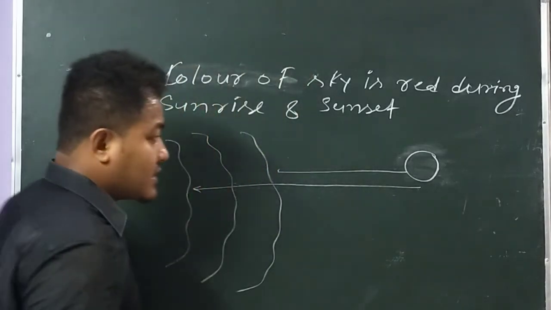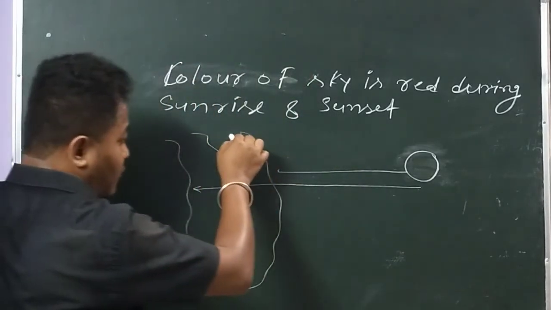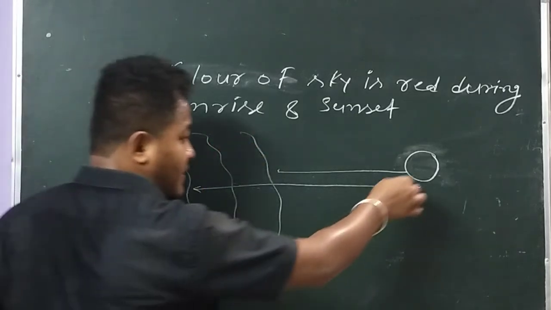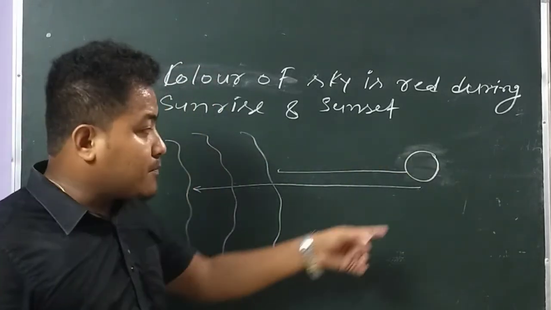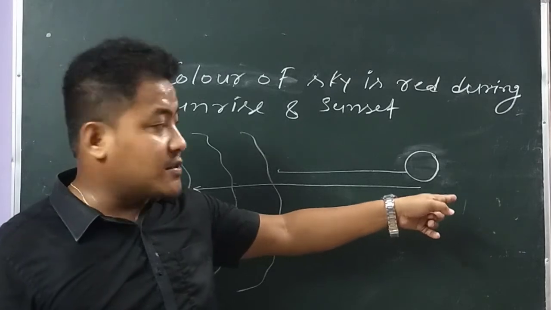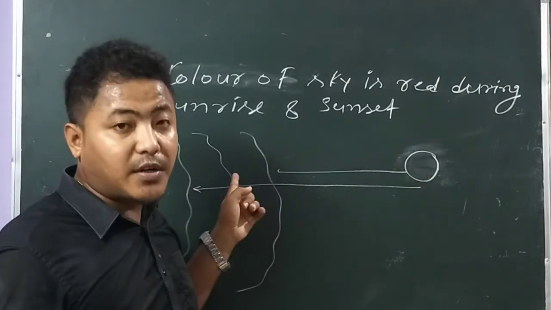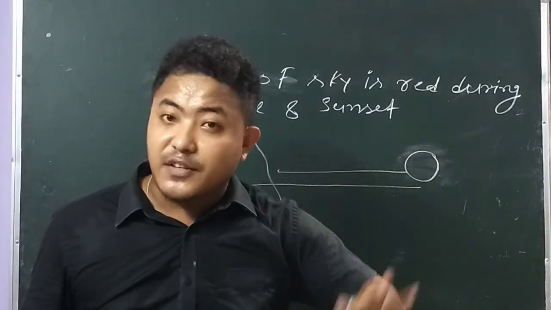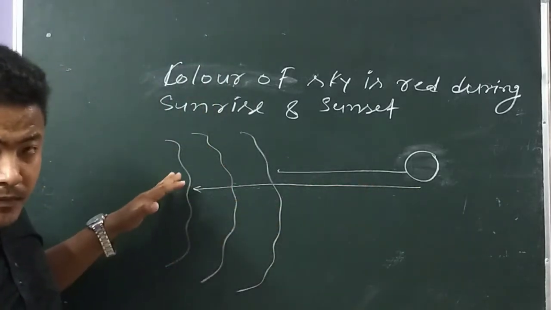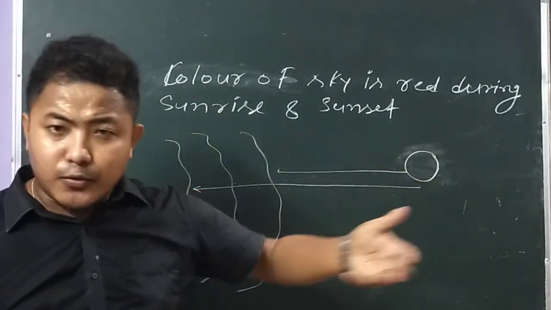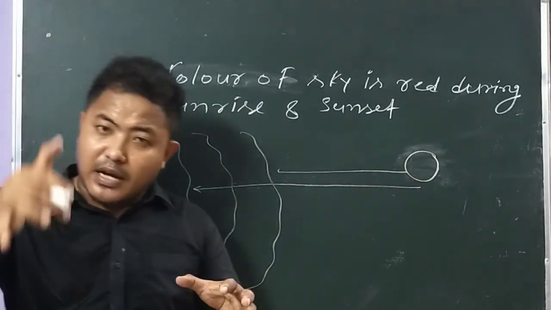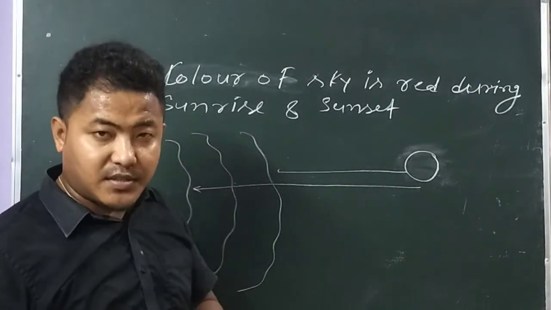Am I clear? As you can see, if you consider this is the Earth atmosphere and this is the sun, this will be the position, that means between the sun and the Earth atmosphere in the time of sunrise and sunset. That means long distance. At noon, the distance between the Earth atmosphere and the sun is less.